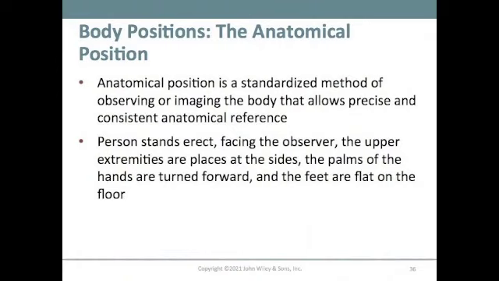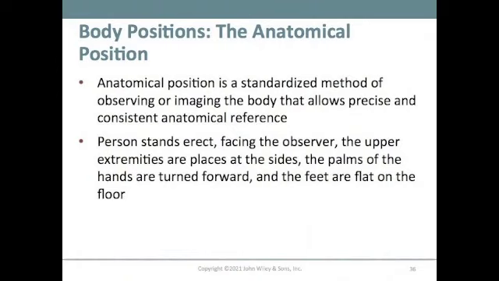On the left there, view A, when the body is facing upward, we're seeing the anterior view. But if the body is lying face upward, we call that supine. And then on letter B there, the posterior view.